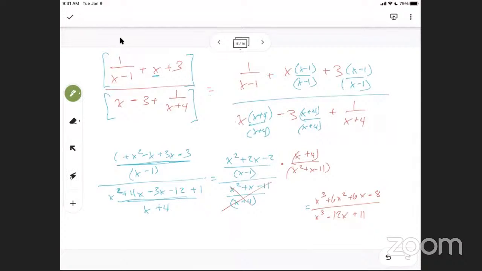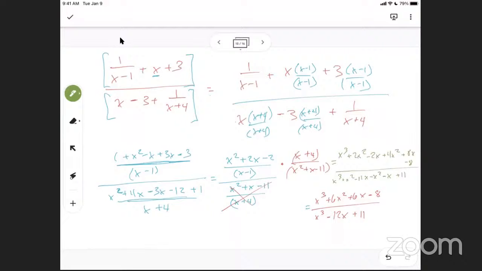So let me just make sure this actually works out. When I multiply it out, the numerator is going to be x cubed plus 2x squared minus 2x plus 4x squared plus 8x minus 8. And the denominator is going to be x cubed plus x squared minus 11x minus 20x squared minus x plus 11.